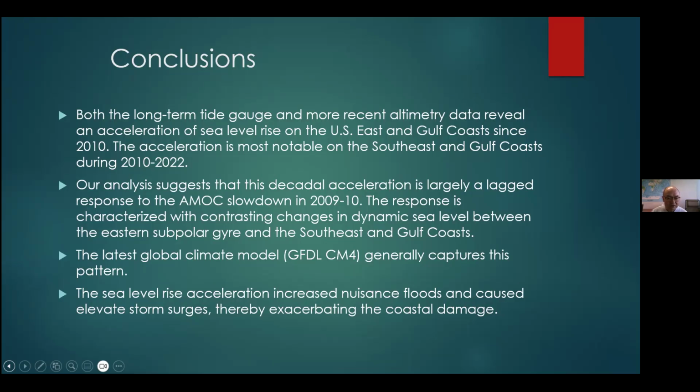So our analysis suggests that this decadal acceleration is largely a lagged response to the AMOC slowdown observed in 2009-2010. So the response is characterized with contrasting changes in dynamic sea level between the eastern subpolar gyre and the southeast and the Gulf Coast.